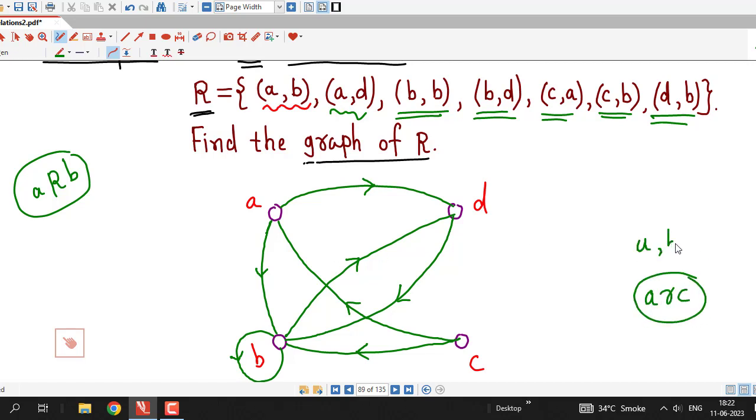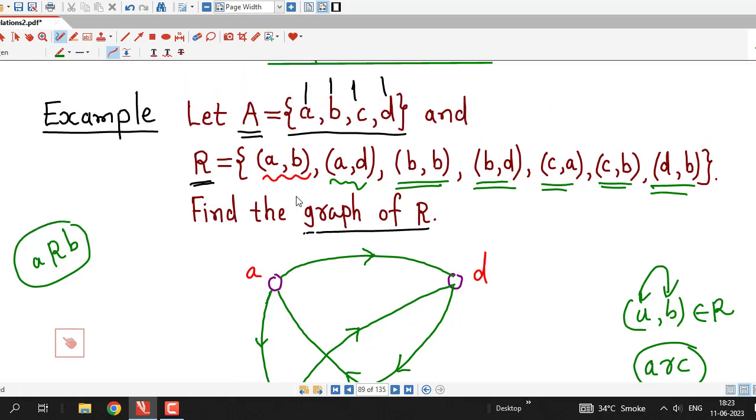If AB belongs to R, then there is an arc from A to B and the direction is pointing towards B. If A is related to B, then the arrow is towards B. If B is related to A, then the arrow is towards A. So this is the graph of this relation.